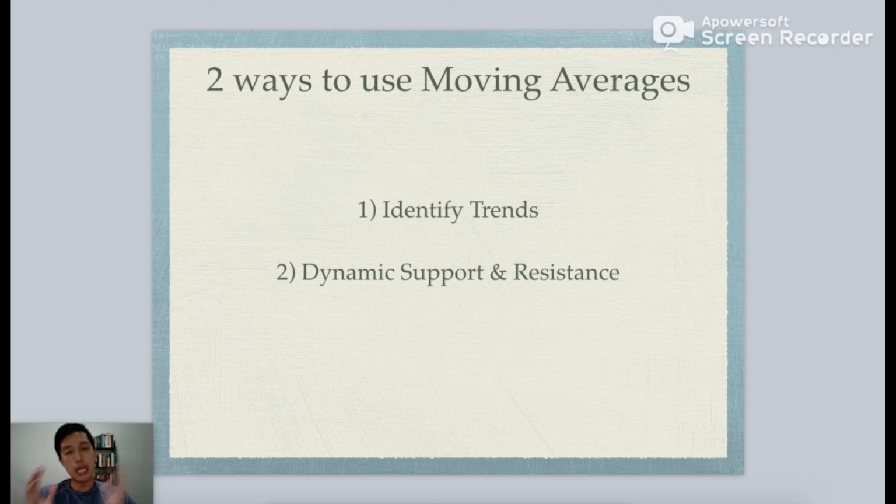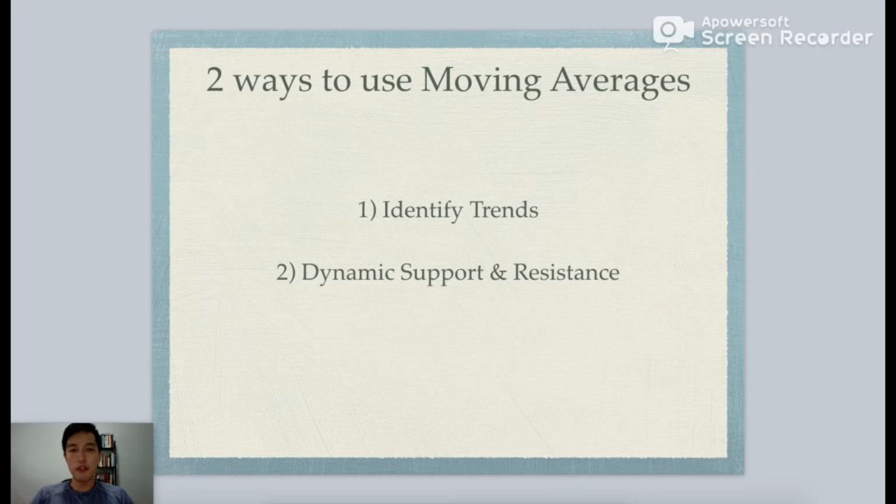If you recall in the previous video, we tend to draw our support and resistance either as a horizontal line based on the price itself, or as a diagonal trend line. But sometimes drawing a line can be very subjective. It depends on how you draw it, because all of us see lines and points and patterns differently.